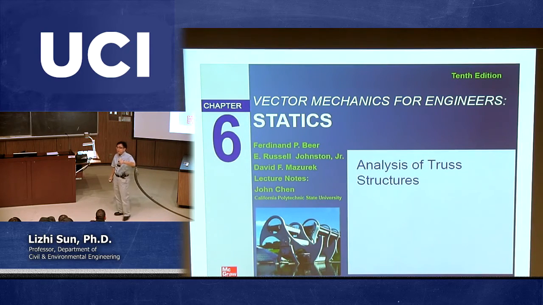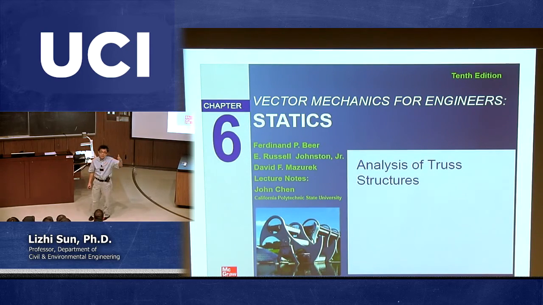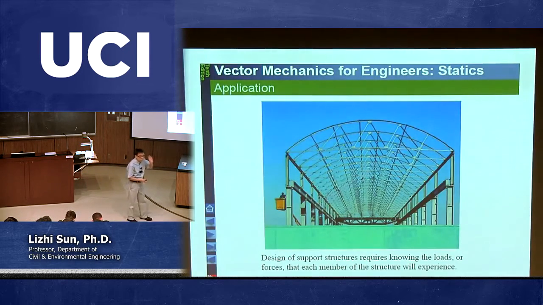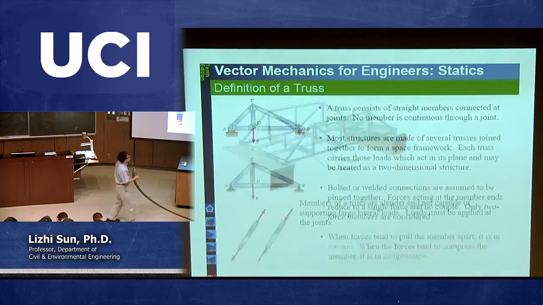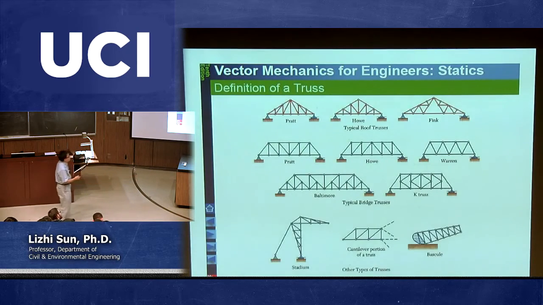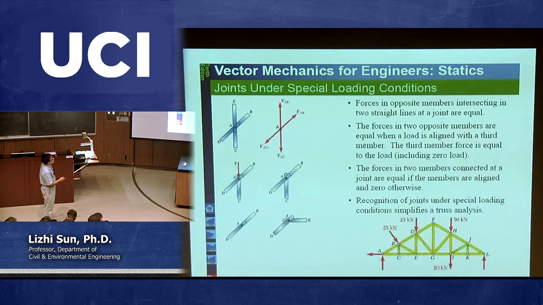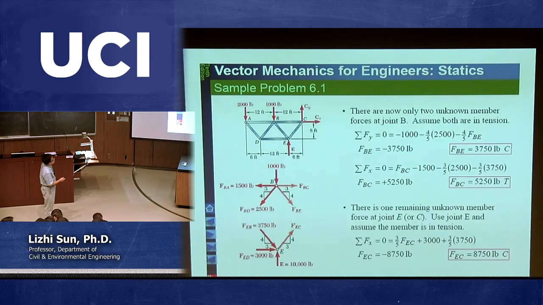But many times we may say, okay, you only need to calculate a few member forces. A few means 1, 2, 3, most likely, right? If that's the case, you need to think about the second method first, which is called the method of sections. The method of sections is to make a simple cut going through the members whose internal forces you want to calculate.